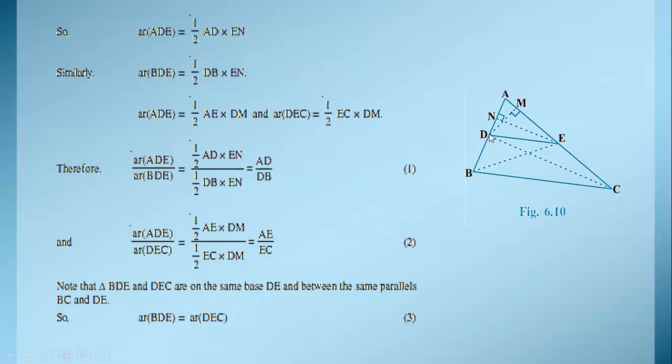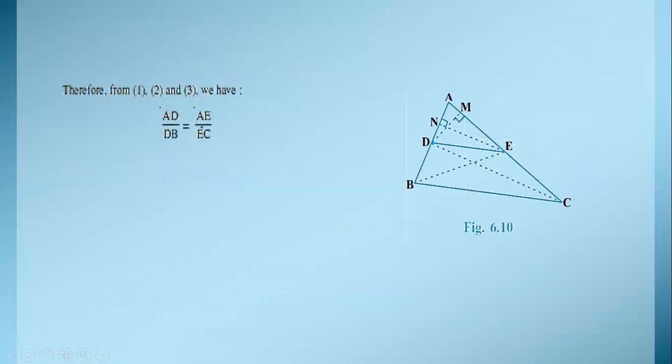So the area of triangle BDE is equal to the area of triangle DEC. So the numerator here, ADE, is the same. The denominator is also equal, we have proved. So equation 1 and equation 2 are going to be equal. So from equations 1, 2 and 3, we'll have AD by DB is equal to AE by EC, which we have to prove.